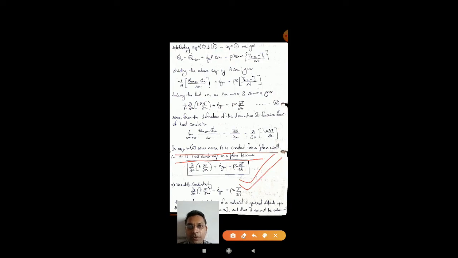If the area is not constant, then you can't take the area out of the differential until its variation with respect to x is given. So equation 4 can be treated as the most general equation, and if you assume area to be constant, then the equation is of the form with the tick mark.